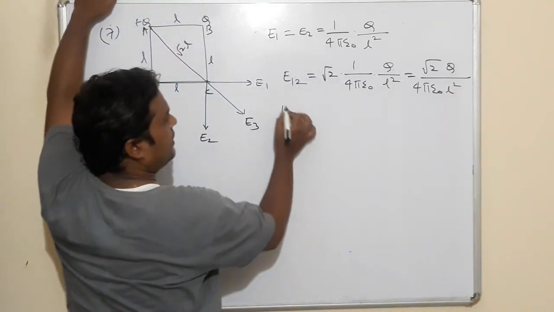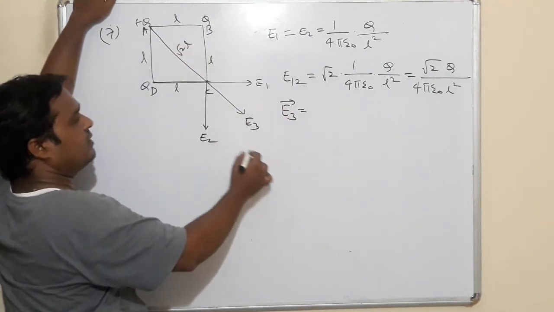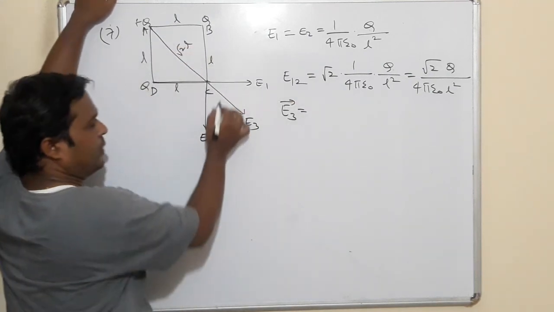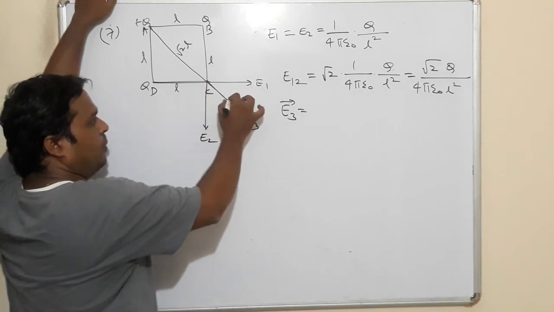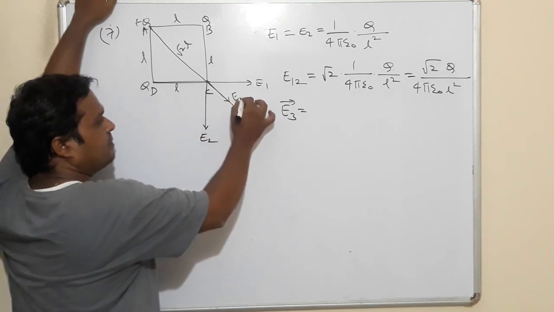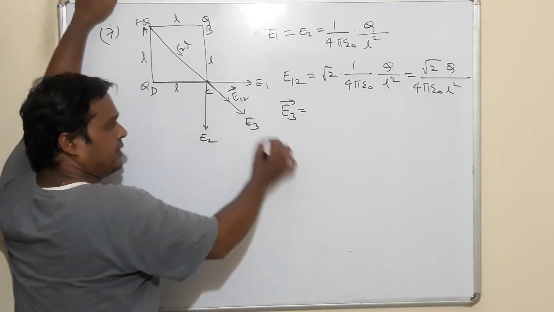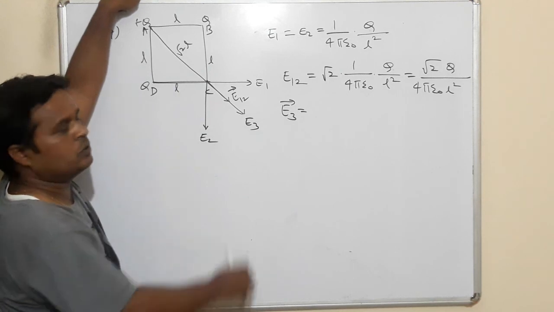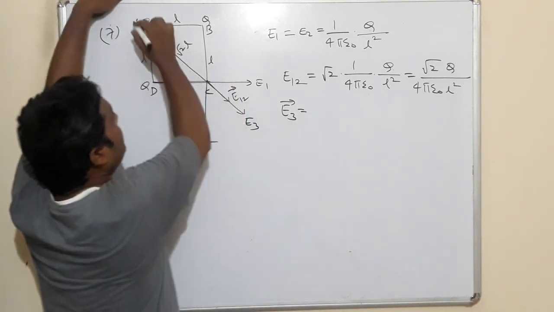Then what about E3? E3 is this field. E1 and E2 are at angle 90, so the resultant of 1 and 2 will lie on this line. This E12 and E3 will be in the same direction, so to get the resultant, we can add them. First write the E3 value.